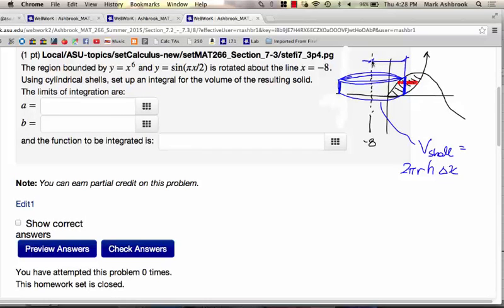And then we're going to add 8 to that, right? If you want to do x minus negative 8, that's fine, but x is going to be over here, and then you're going to have a distance of 8 right there. So x plus 8. H, the height of the shell, is from here to here. So that's going to be y2 minus y1.